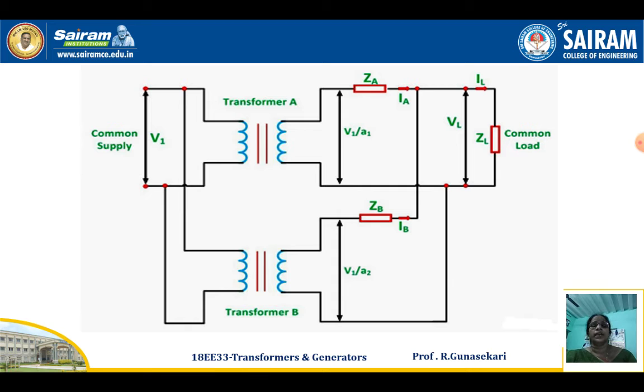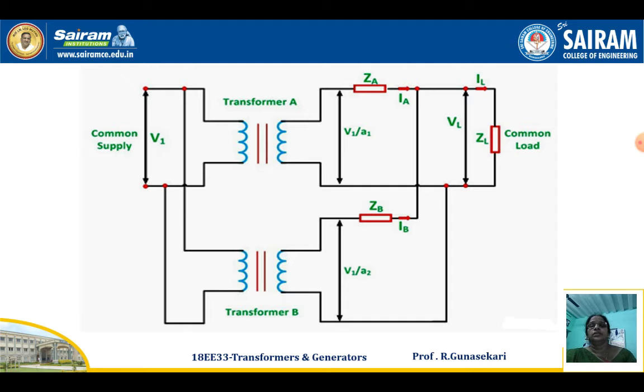This is the circuit diagram of parallel operation of two transformers. From this diagram, we can clearly understand how the load and current are shared by each transformer. Now you see the circuit diagram.